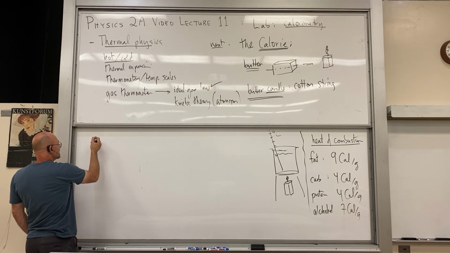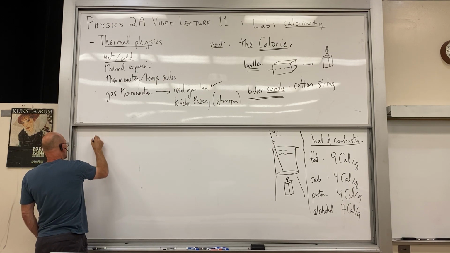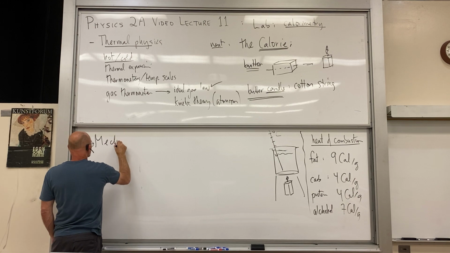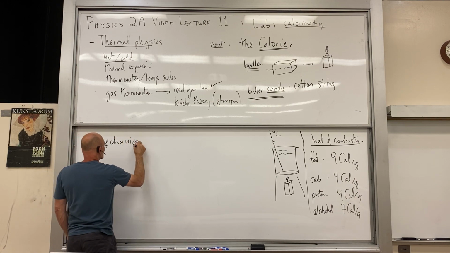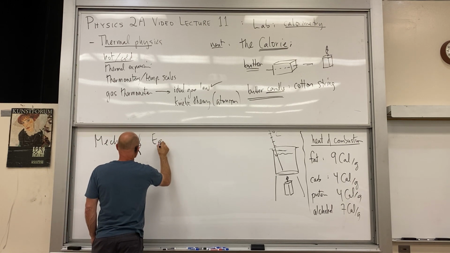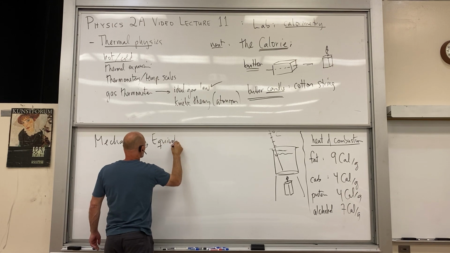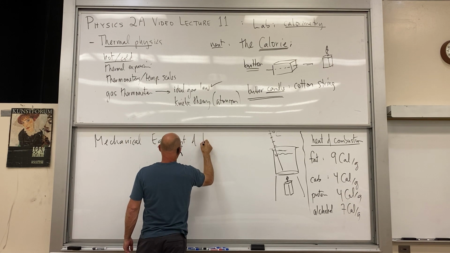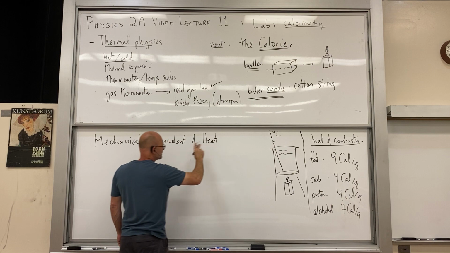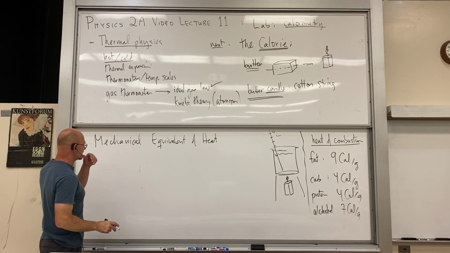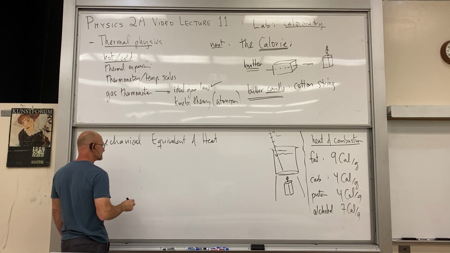The next idea I'll bring in then is called the mechanical equivalent of heat. Mechanical equivalent of heat. So when you're thinking heat, you're thinking the calorie now, okay, a certain amount of heat.